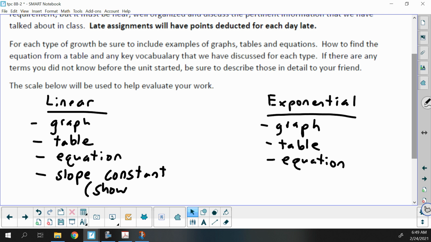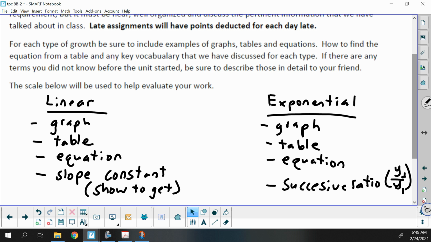And you should show how to get that, because that's a key part of your equation. For the exponential, the big thing was our successive ratio. So you should make sure you talk about that and show how to get that.